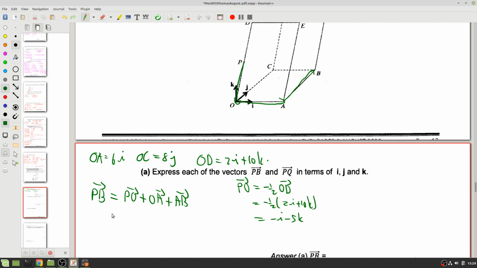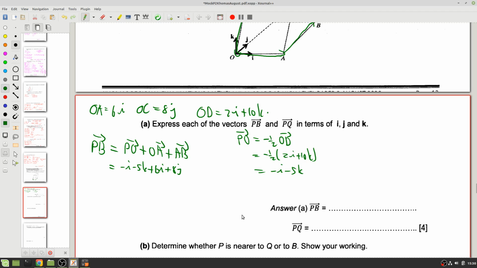Alright, so PO is negative i minus 5k, and then OA is 6i, and AB is the same as OC, so that is 8j. Okay, let's collect our like terms. So negative i plus 6i is 5i, and then 8j, and negative 5k.